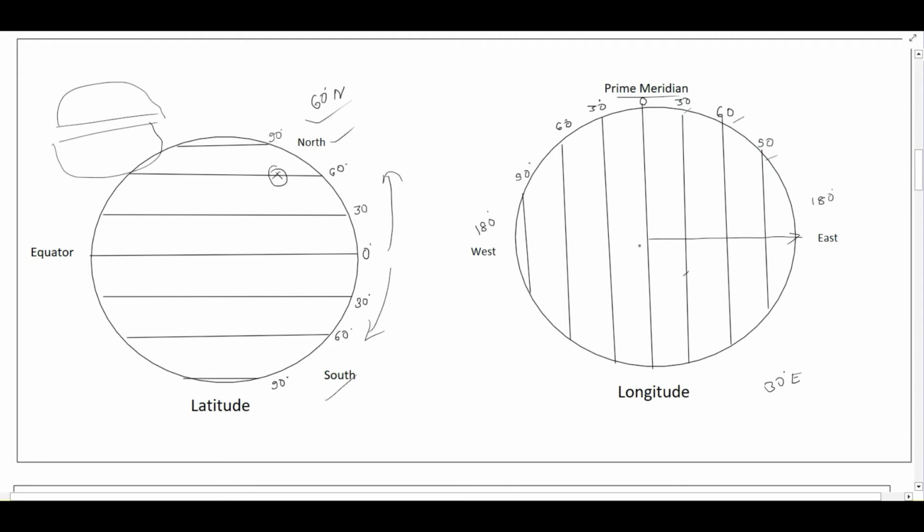If we go west from the prime meridian, again it increases from 0 to 180 degrees. Suppose a user is present at this point, then we can say the user is at 30 degrees east. That's how I have presented longitude here.